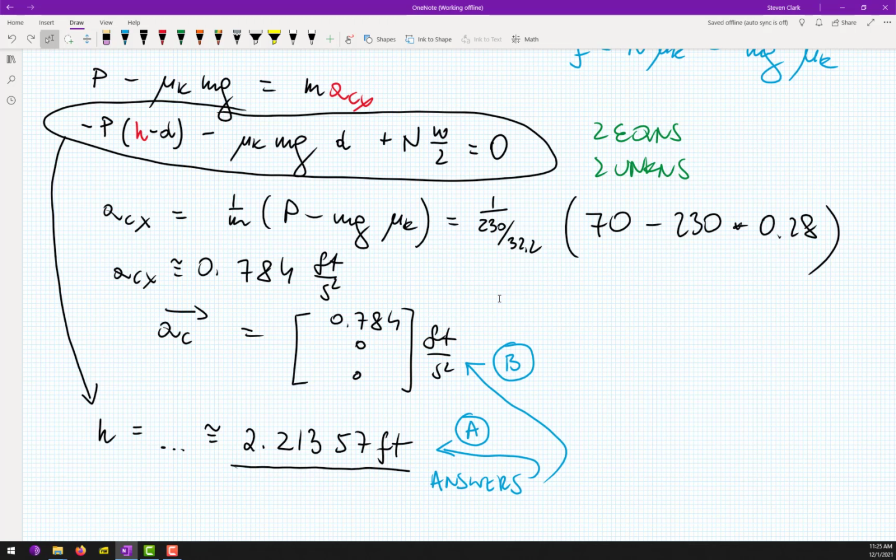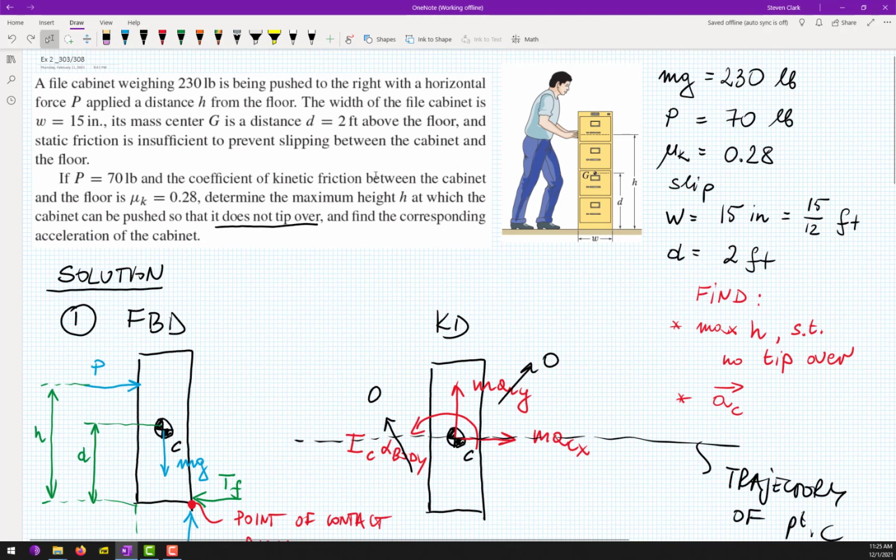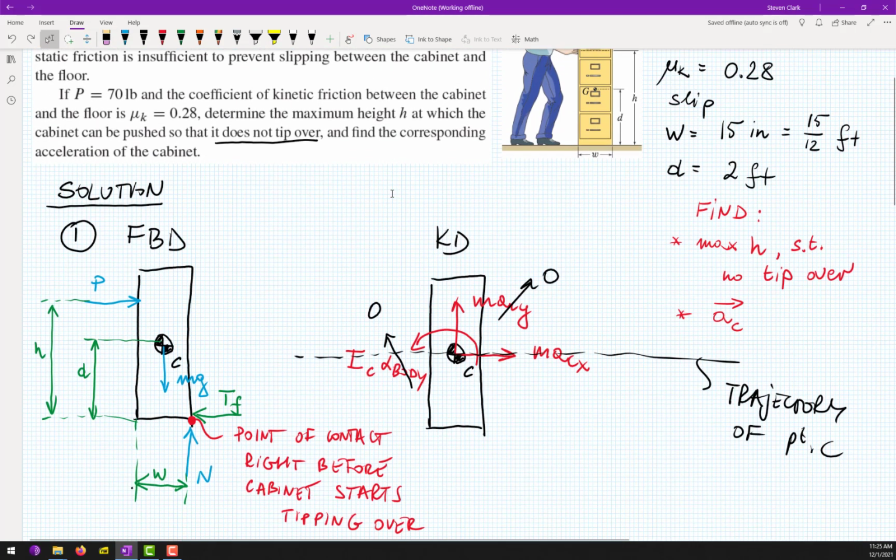Thanks, guys. Before we start example number 3, you can think about questions. I want to say something. The kinetics of rigid bodies is not much different than kinetics of particles. Don't you think? Because the problem boils down to this particle.